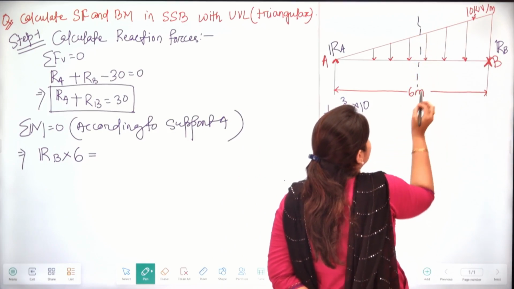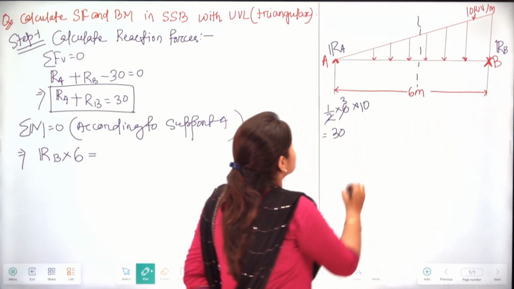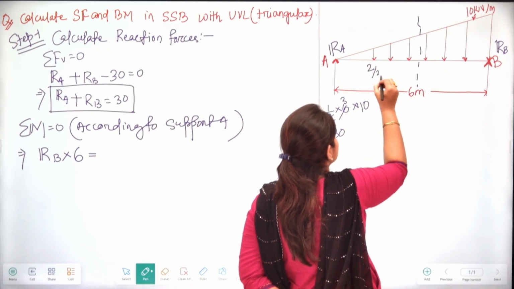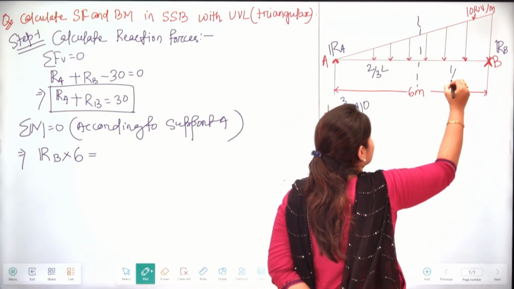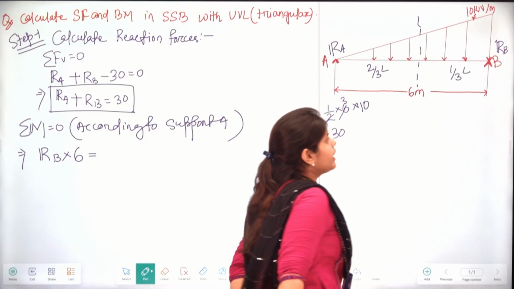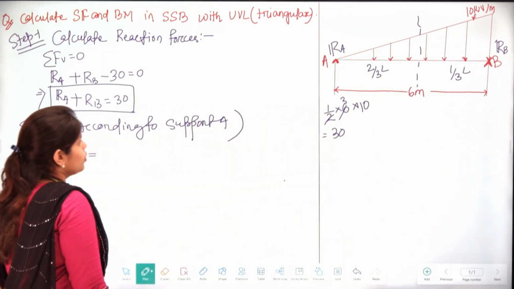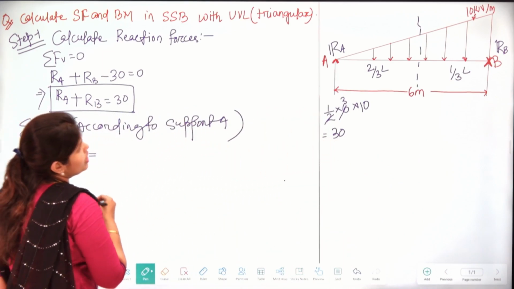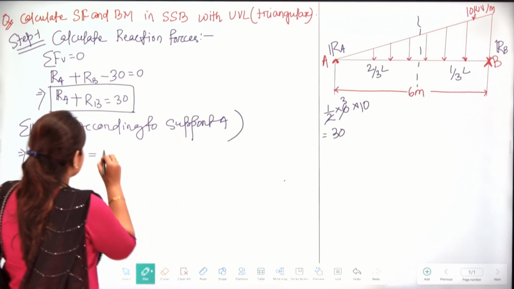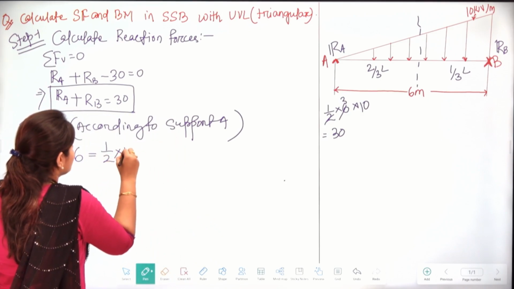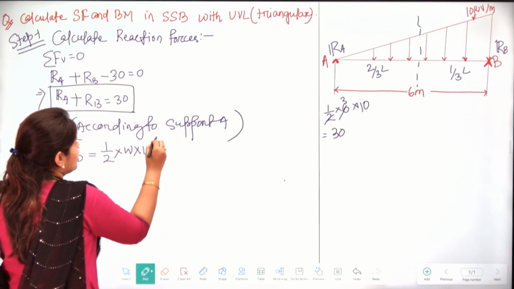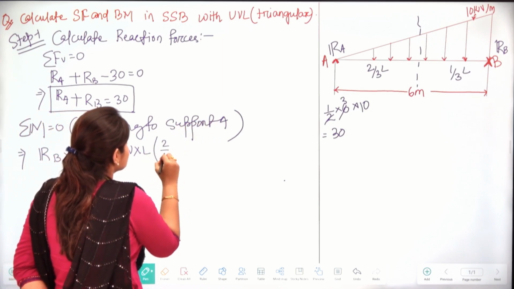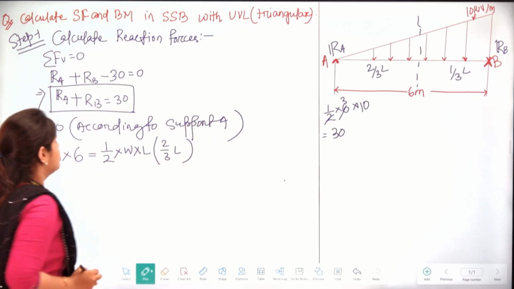The centroid of this triangle is at a distance of 2 by 3 L from A, and 1 by 3 L from B. The load is half into W into L, multiplied by the distance 2 by 3 L.